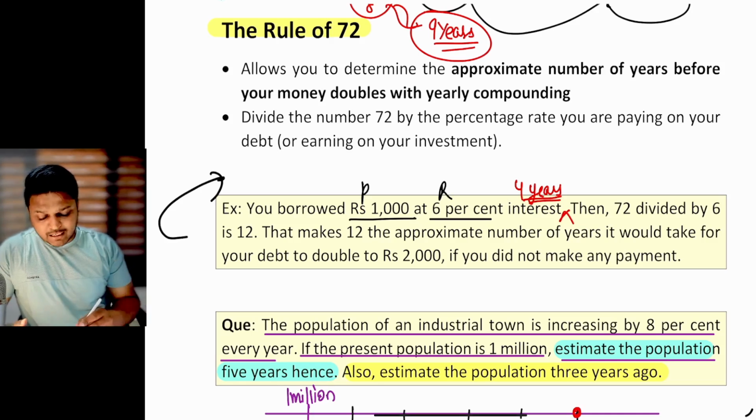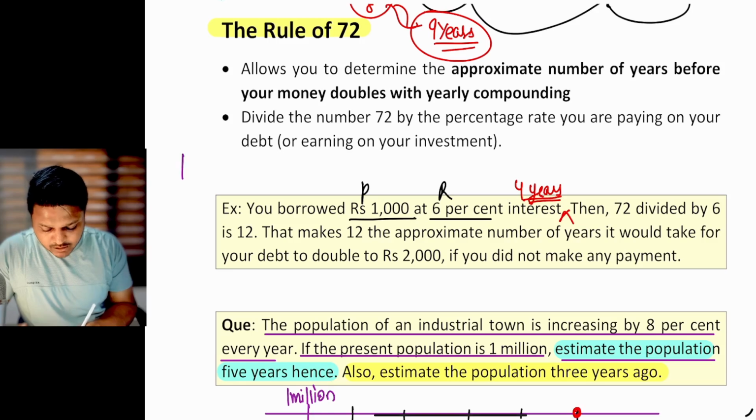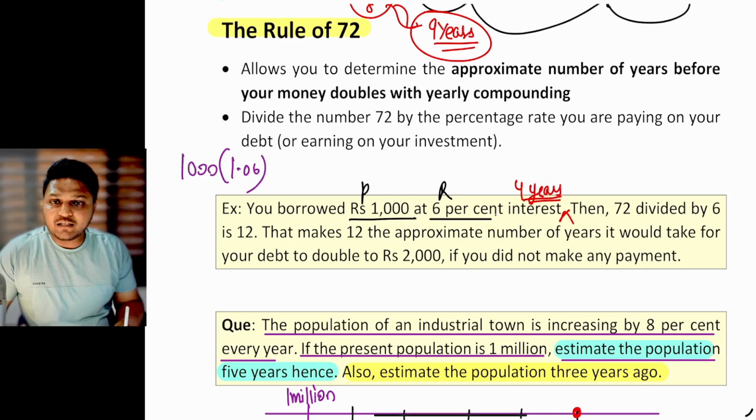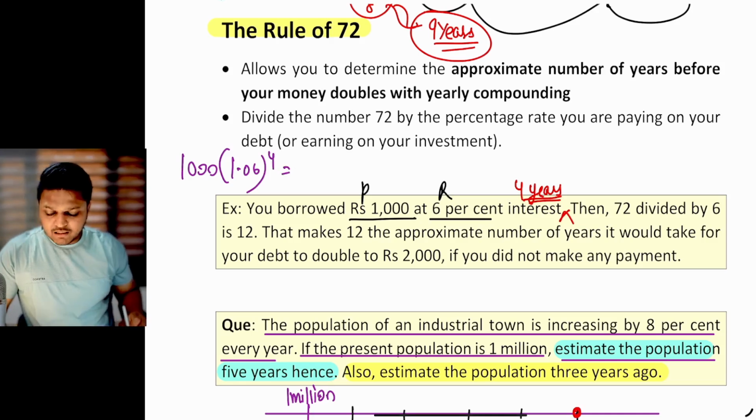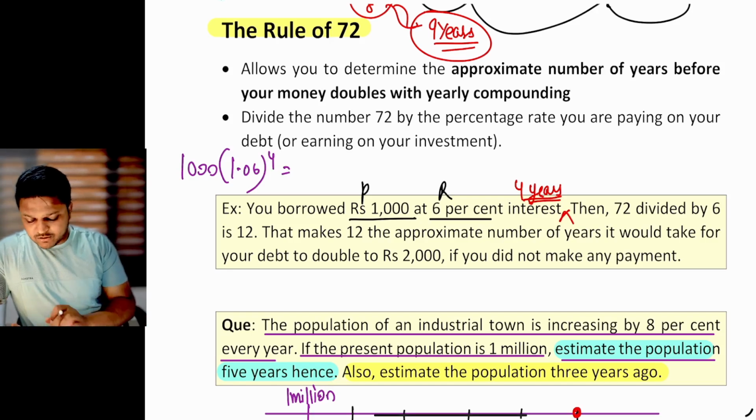If we calculate the value as per yearly compounding, the formula would be 1000, that is P, times (1 plus R), that is 1.06, which is 6 divided by 100 plus 1. For 4 years, for yearly compounding, it is 1000 into 1.06 raised to power 4.